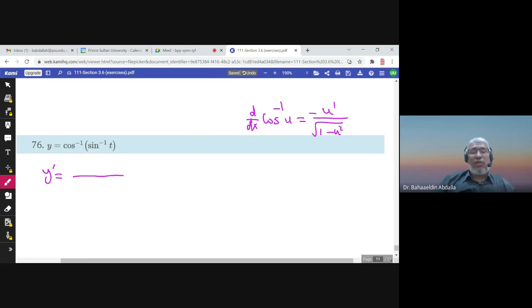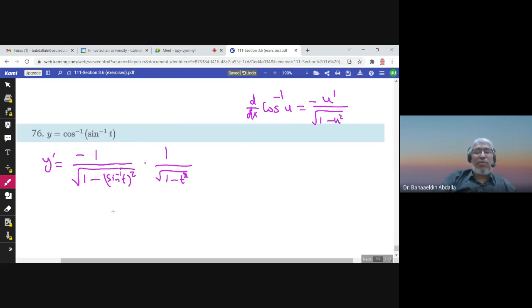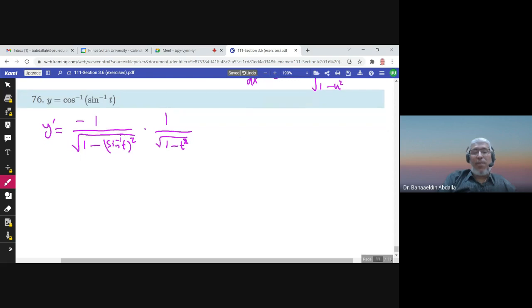So it is 1 minus sine inverse t to the power 2, and there is a negative sign, times the derivative of sine inverse, which is 1 over square root of 1 minus t squared. And you can keep it like this. You can leave it like this.